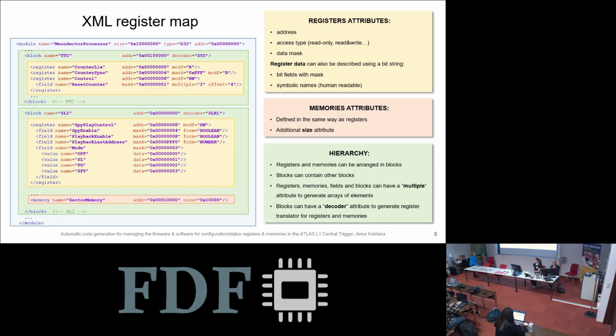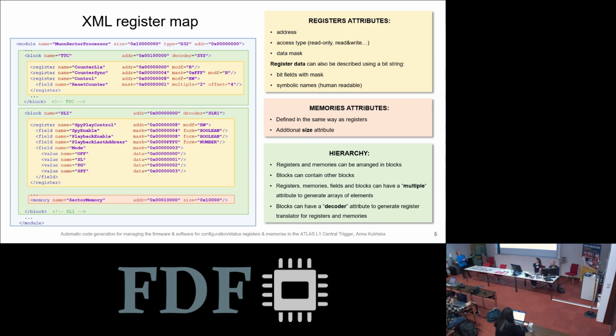So now that we know how it fits in our process, let's see where it all starts: with the XML register map. Here you can see an example taken from one of our designs of registers and memories defined for the muon sector processor FPGA.